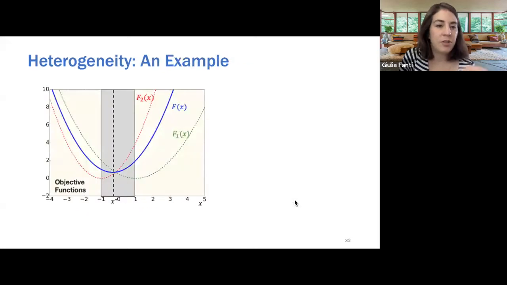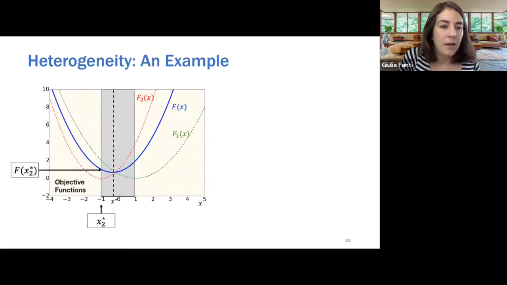Just to give you an example to make this heterogeneity definition clear, in our previous example, we had two local optima. We had x2 star, which is evaluated at this point, f of x2 star, and x1 star, which is evaluated at this other point, and our global optimum is f of x star.